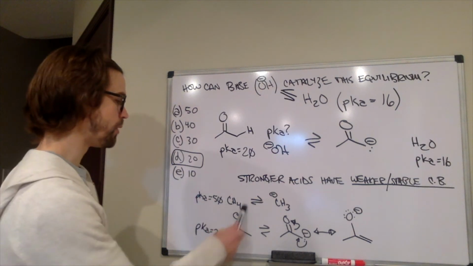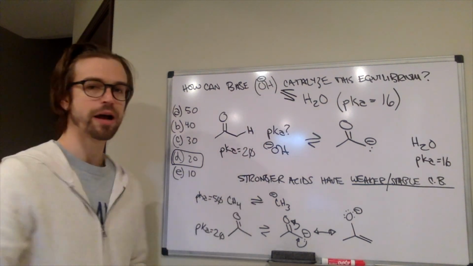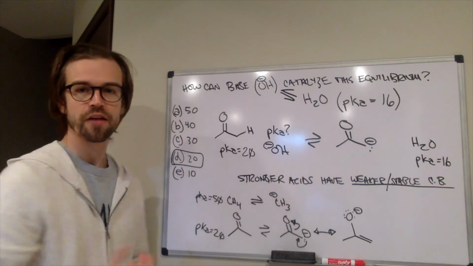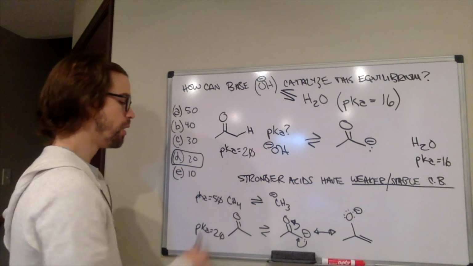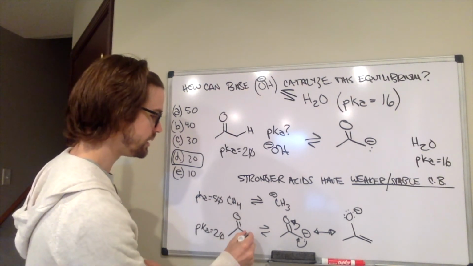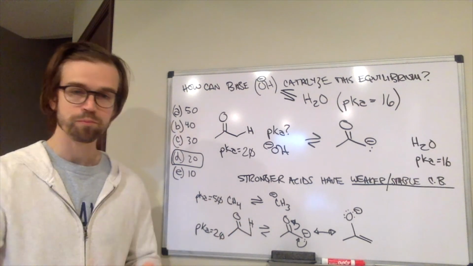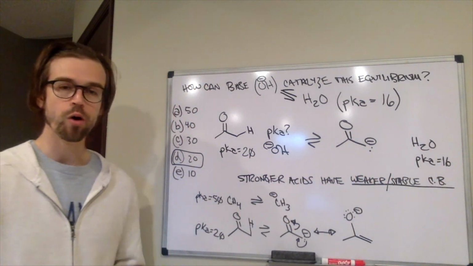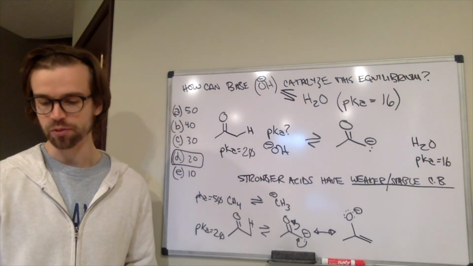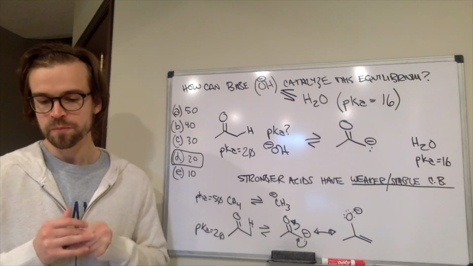So if we try to deprotonate CH4 with OH minus, there's literally none of it on that side because this is not a strong acid at all. But when we have the CH bond here, being only 4 units different than water, OH minus is at least able to deprotonate some of that.